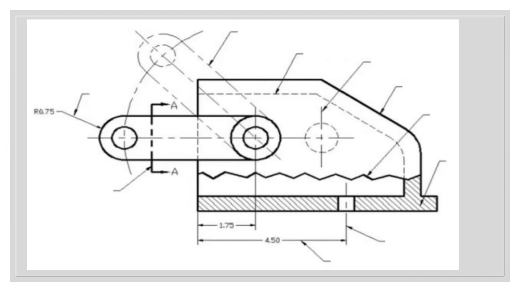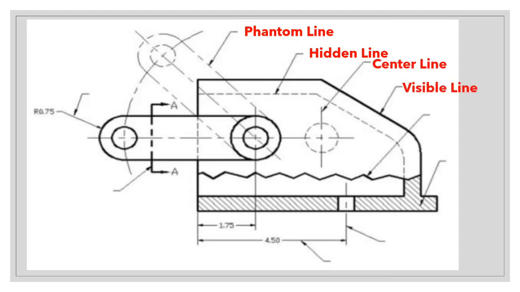Now let us have once again the sketch that we have shown earlier in this video. Can you identify now the different lines that are being presented in this drawing? Phantom line. Yes, we have the phantom line. Hidden line, the hidden line. Center line, and there goes our center line. Visible line, the visible line.